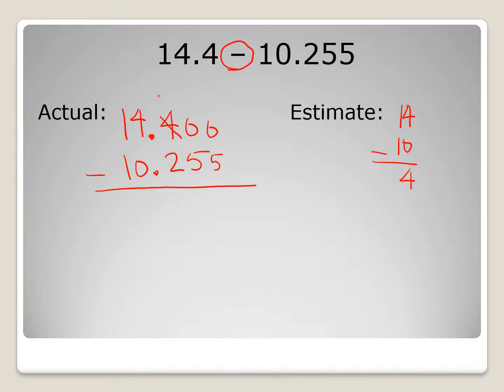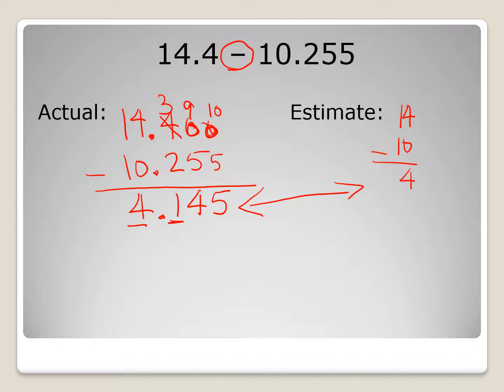I can't say 0 minus 5 or 0 minus 5, so I trade from the tenths place. My first 0 becomes a 9, my second 0 becomes a 10. 10 minus 5 is 5, 9 minus 5 is 4, 3 minus 2 is 1, 14 minus 10 is 4. And I know that 4 1/10 is more than 4, less than 5, so it rounds to 4, so they are close.